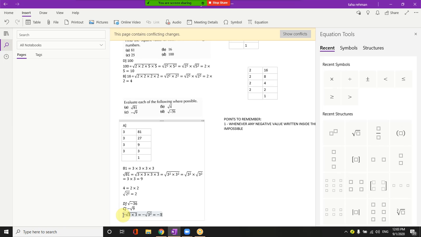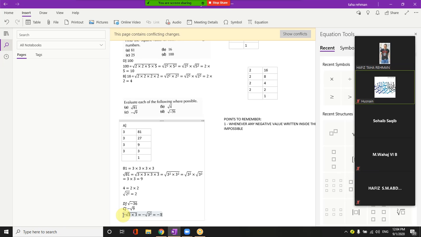So just keep this in your mind that whenever you see a negative value written inside the square root, its solution is impossible. But if you see a positive value inside the square root but a negative sign outside the square root, then its solution is possible. Keep these two things in your mind.